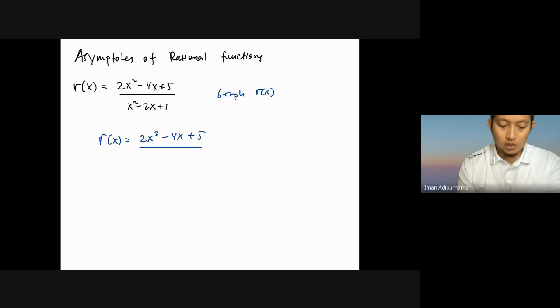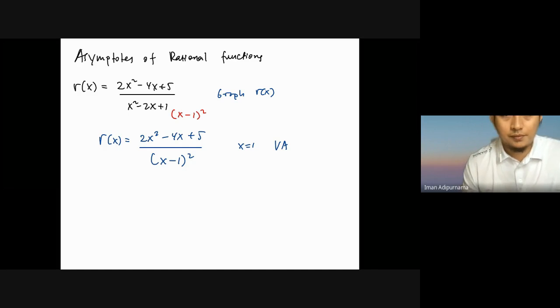And the bottom one here, we can actually factor. So we can write (x minus 1) squared. And we know that x equals 1 will be our vertical asymptote. This is similar to the calculus part, except it's not using any limit at all.